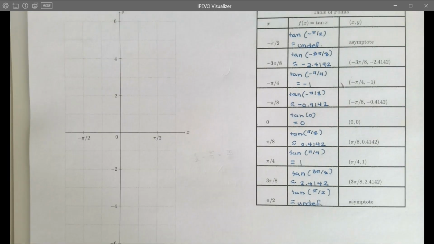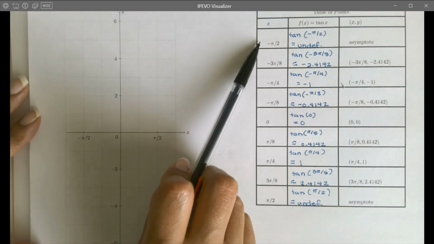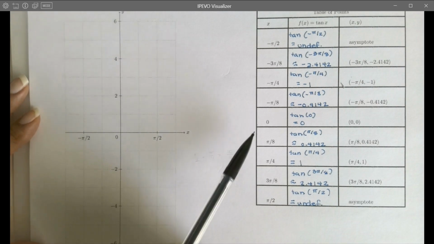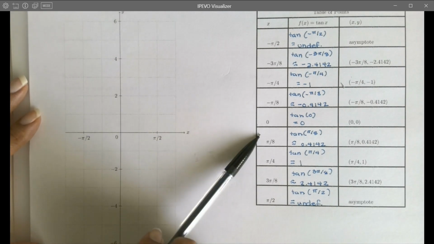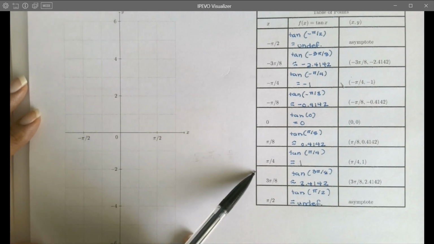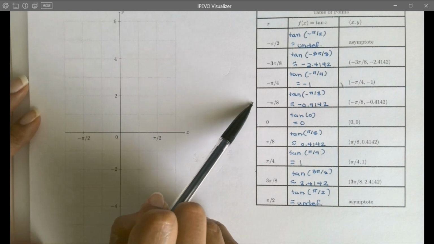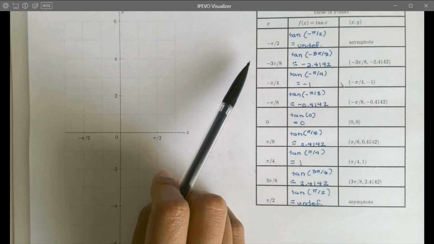Before I actually plot the points, I want to consider what x values I need to be able to identify on the x-axis. So look at these x values. We need to make sure that we know where is pi over 8, where is 3 pi over 8, where is negative pi over 8, and negative 3 pi over 8.